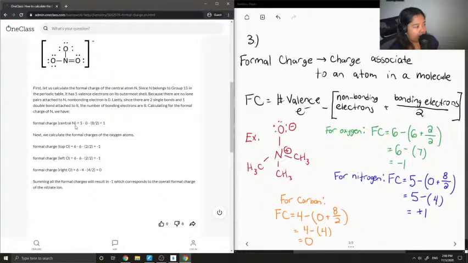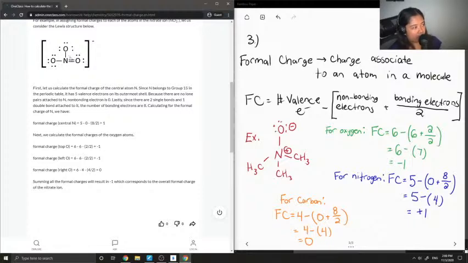And then they also calculated the formal charges of each individual oxygen atom. So they first looked at the top oxygen, has a valence number of electrons of 6. There are 6 electrons in the lone pairs. There's 1 bond with 2 electrons, so they got -1. If you look at the leftmost oxygen, it also has a -1 charge.